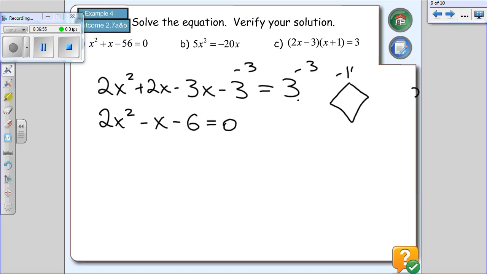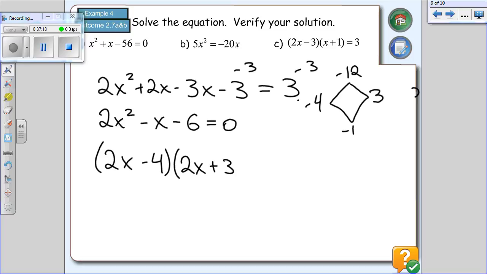So now we're going to make our factors, which is 2x minus 4 times 2x plus 3 equals 0. We need to divide one of these by 2. The first one divides nicely by 2, so that's what we're going to do. And we have x minus 2 times 2x plus 3 equals 0.